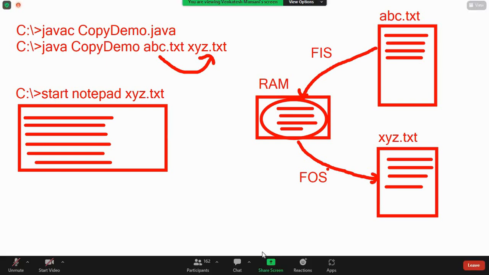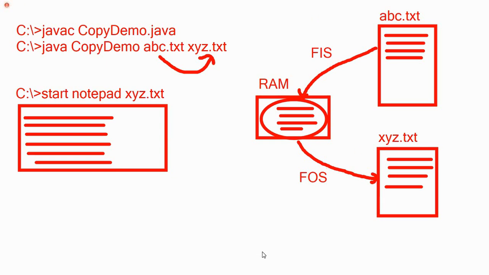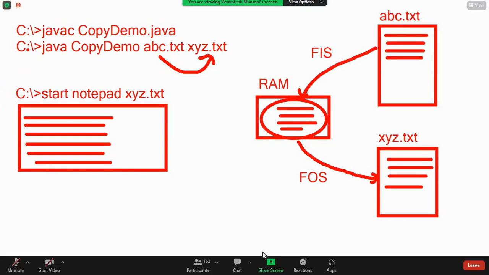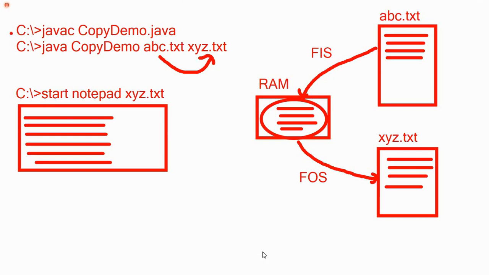Once again, see. At the command prompt, I'll compile the program like this: javac CopyDemo.java. I'll execute the program like this: java CopyDemo. Two file names I'll pass. First file content should be copied into the second file.